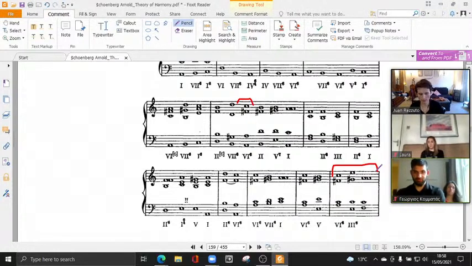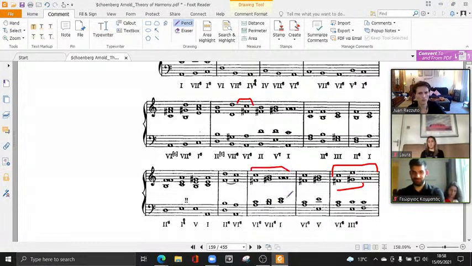So you have the sixth diminished going to the third augmented, pivotal note, and then to the sixth. And the pivotal notes behave perfectly well. The voices are behaving perfectly well, but the overall sonority is very interesting.